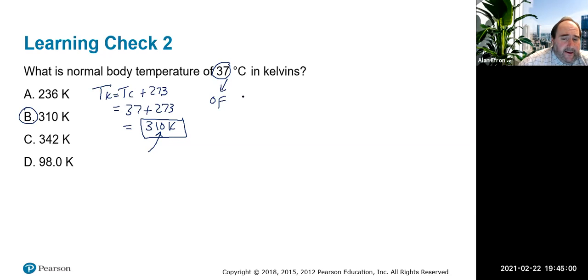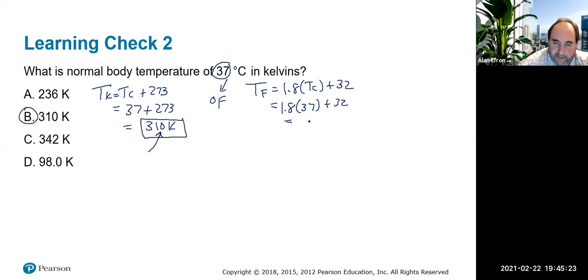Also want to do temperature in Fahrenheit. The temperature in Fahrenheit is 1.8 times the temperature in Celsius plus 32. That would give us 1.8 times 37 plus 32, which gives us 98.6 degrees Fahrenheit, which is our normal body temperature.